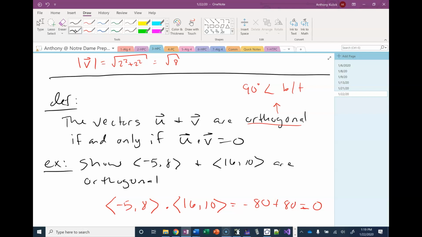Are we okay with that idea? When it comes to computation, it's very easy. You just take the dot product, and if you get 0, they're orthogonal. If you don't get 0, they're not. Easy peasy.